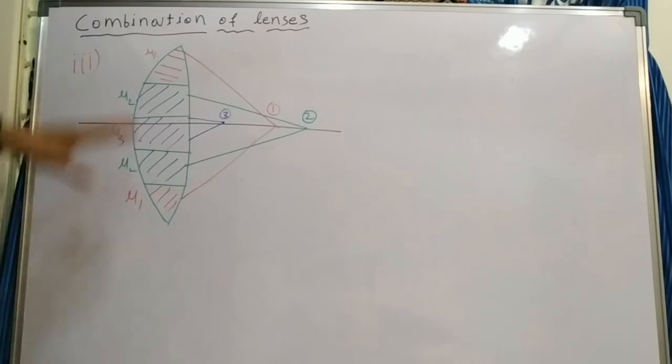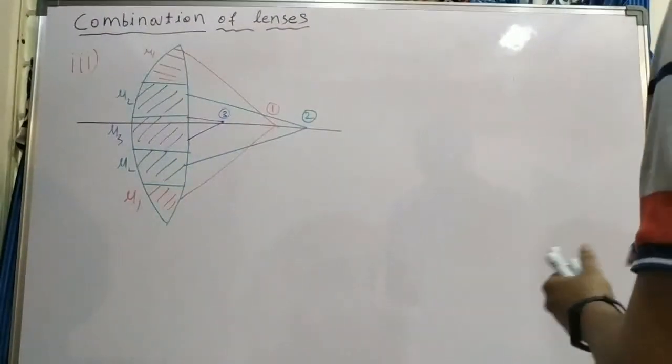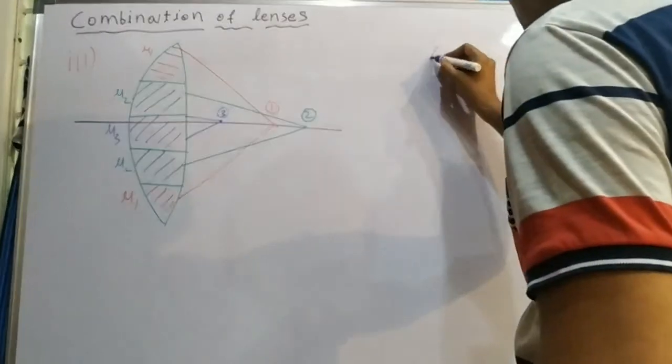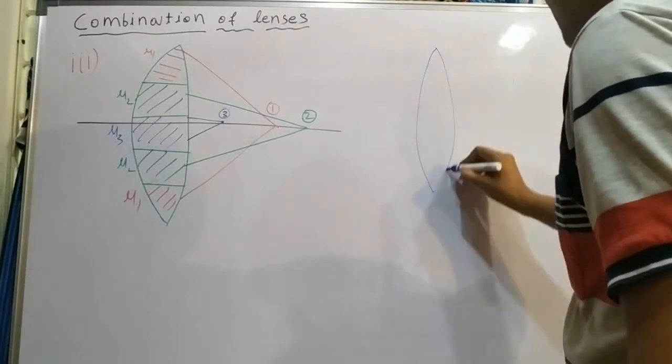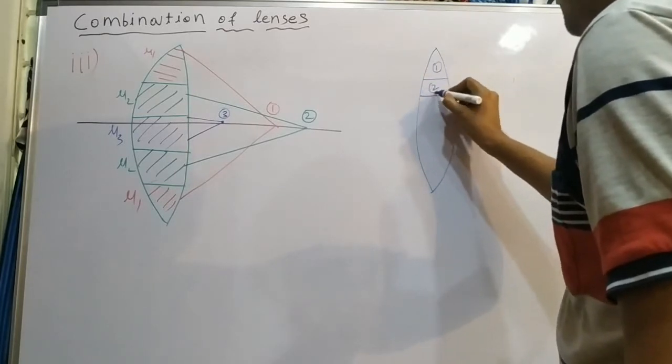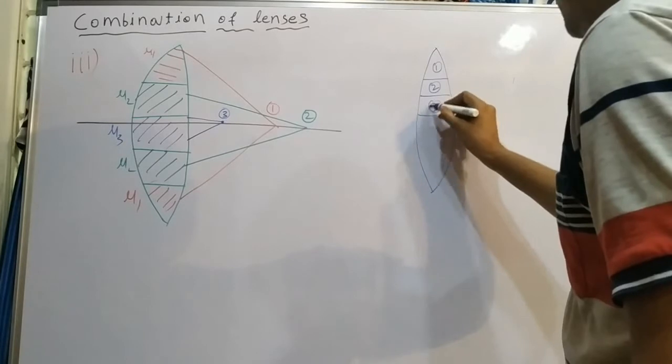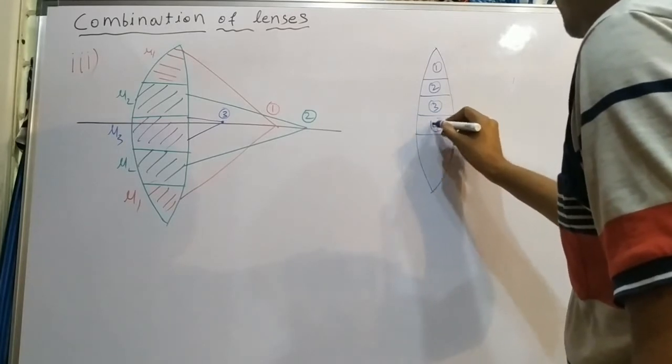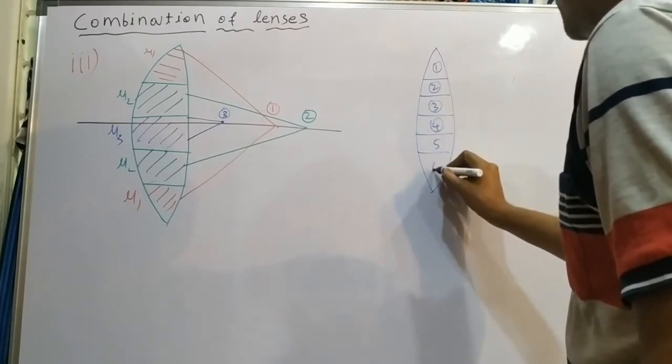Suppose, like this, if you make a lens like this: first material, second material, third, fourth, fifth and sixth.